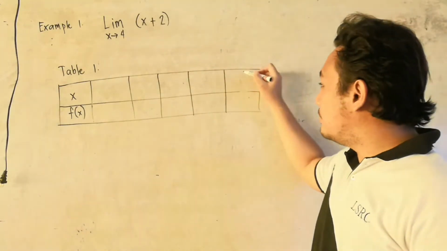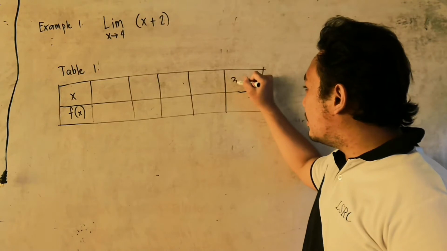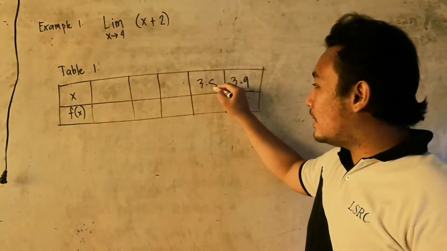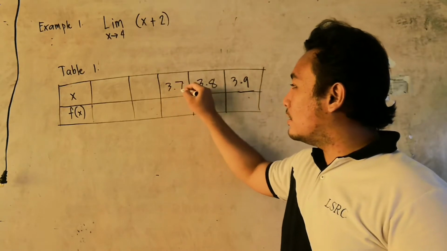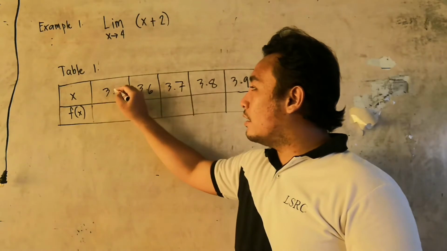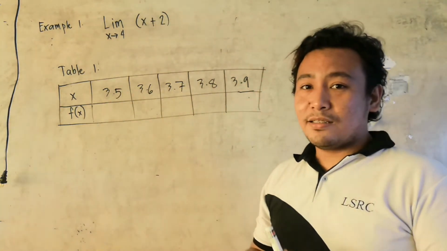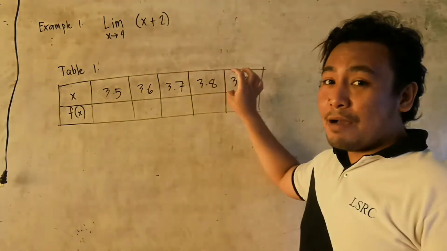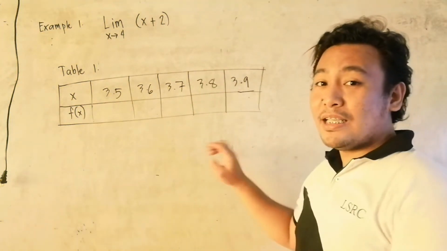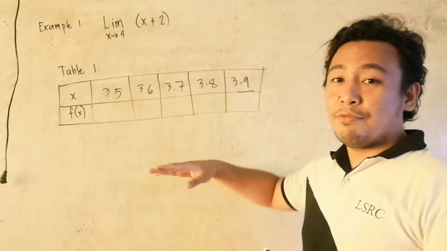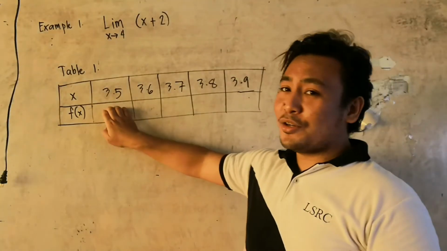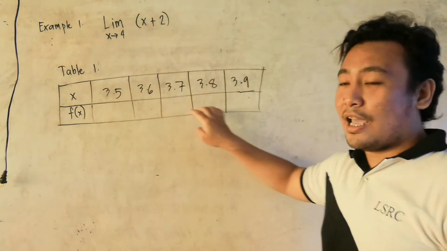So let's write here 3.9. What else? 3.8, 3.7, 3.6, and we have 3.5. We will just write yung mga numbers na bago mag 4 from the left of the number line.